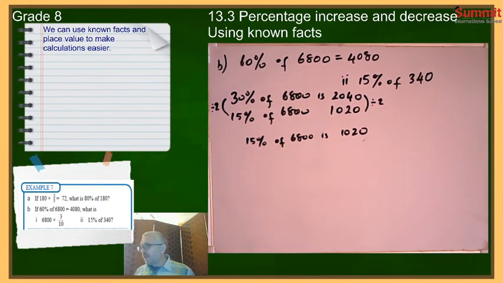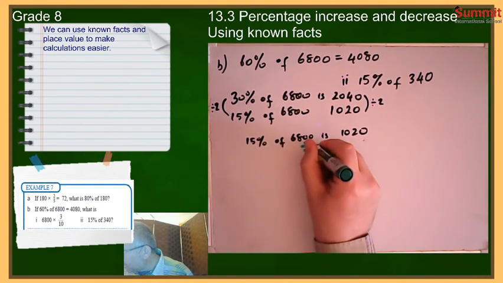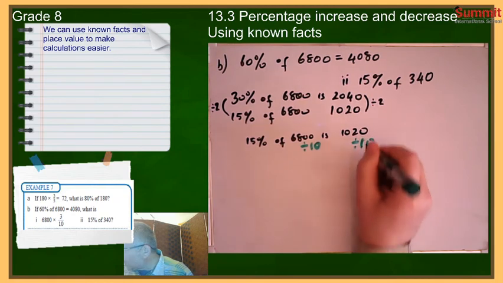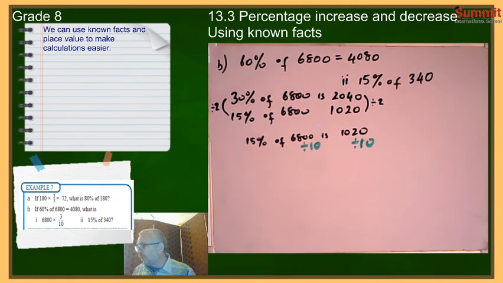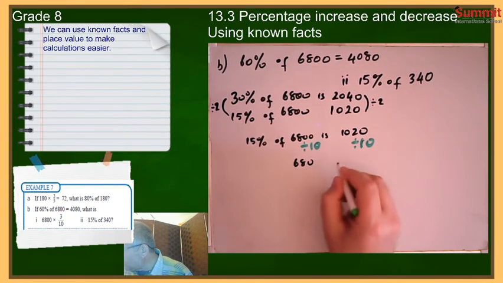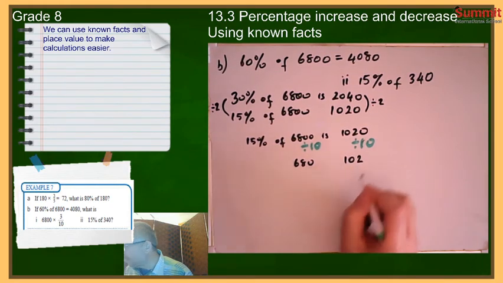Now what we are going to do here, we are going to leave the percentage as it is. We are not going to touch that. Here we divide this one by 10, and this one we divide by 10. After division, what do we get? 680 will be 102.